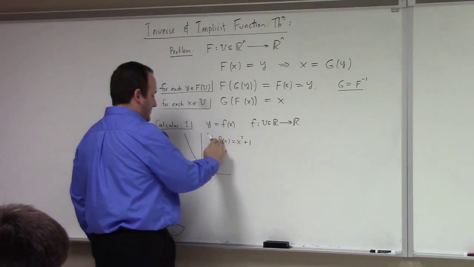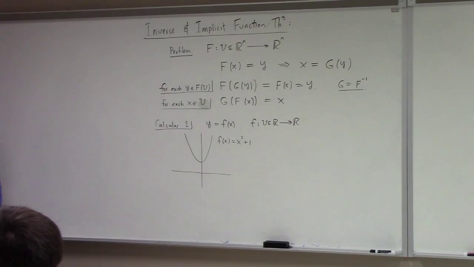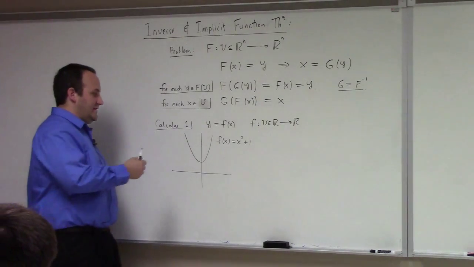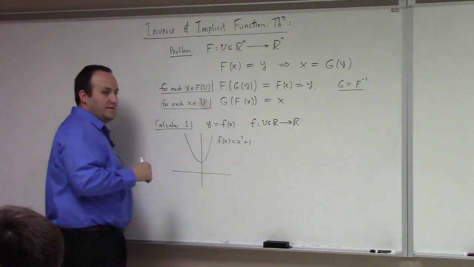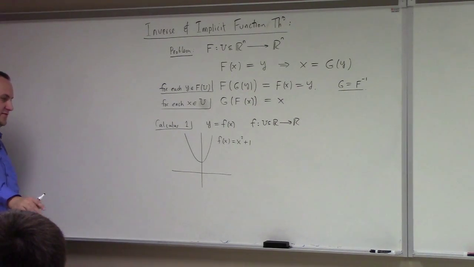Like that, game over, right? Because it's not one-to-one, right? So there's two different inputs which give you the same output. So when you try to go backwards, you can't go single valued, you have to go double valued.